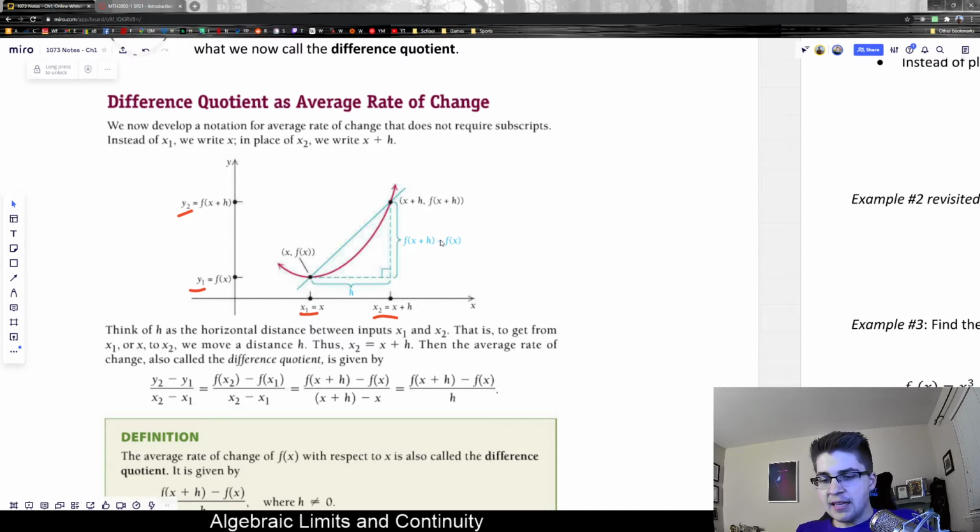Let's just say that our first point, we're just calling that x, because we want to figure out what is the instantaneous rate of change, or what speed am I at this exact instant? Instead of averaging it off, what if we could figure out the exact speed at an exact point in time? How do we find the instantaneous rate of change? That's something that people did not know how to do until calculus was invented.